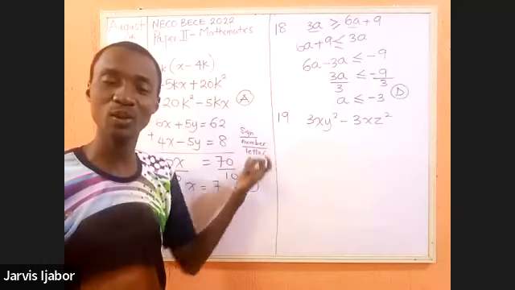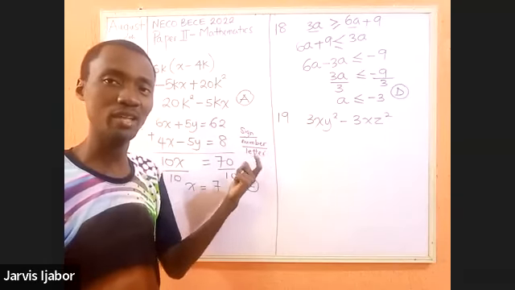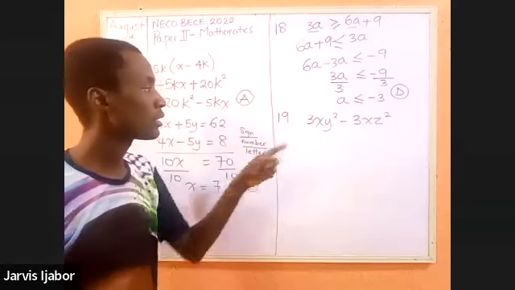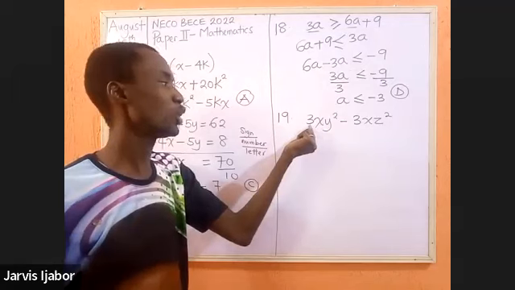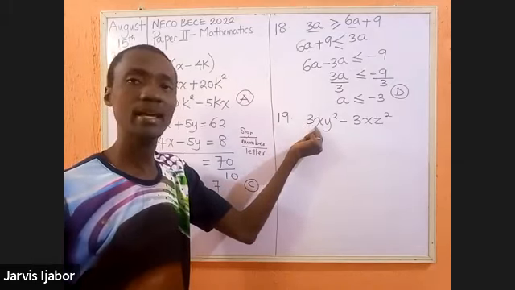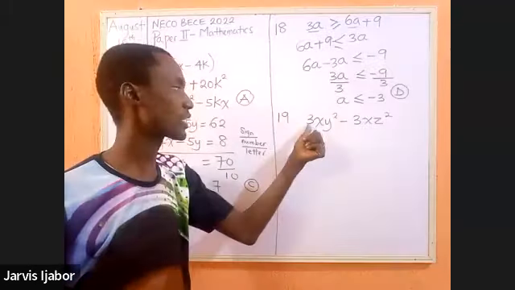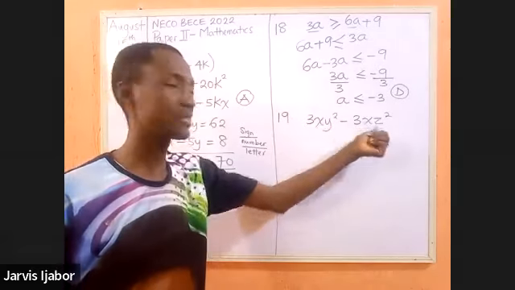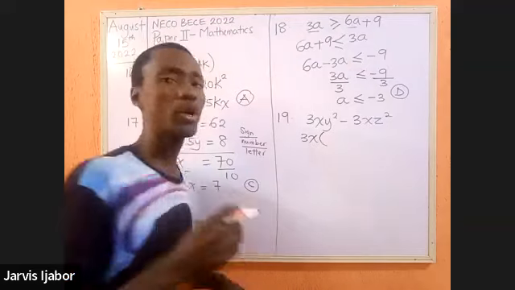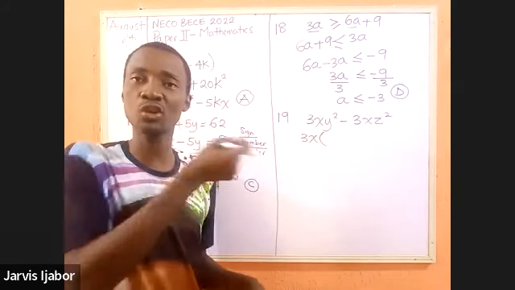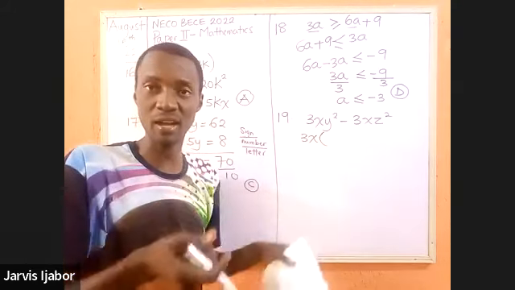I know that you remember this concept. I have had this a lot on my YouTube channel, even when I had to teach classes. For this, we would bother about the number and the letter. If you look at this carefully, I've seen 3x here. I've seen 3x here. So I'll factor out 3x. Usually when you factor out, there is the introduction of a bracket or a pair of brackets.